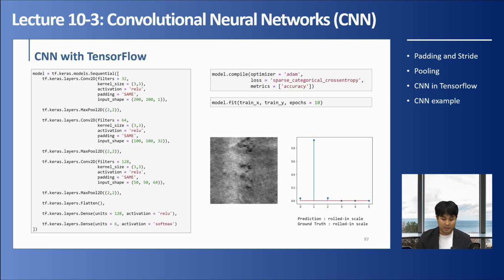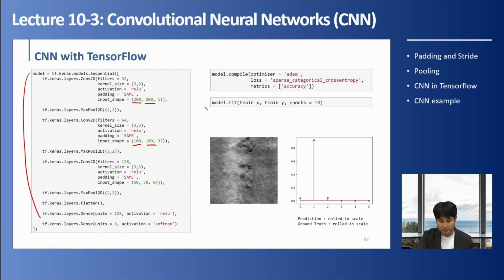Now for the implementation, we'll be using a mostly identical CNN architecture, except this time because we're using a slightly different dataset, you'll notice that the input shape is defined slightly differently, because you're starting off with a slightly different input size.